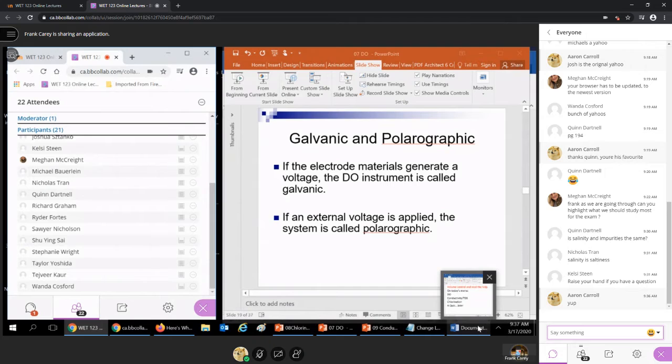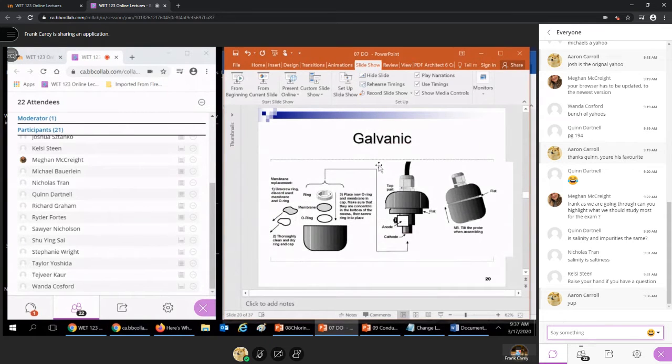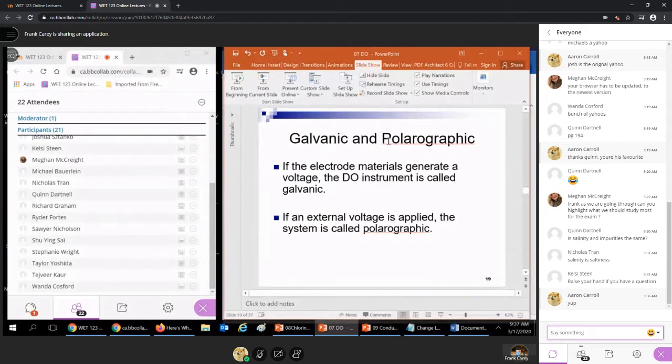So I mentioned before that the polarographic or potentiometric is older, and up until 10 years ago, we were probably the only place in BC that still actually used this kind of setting.